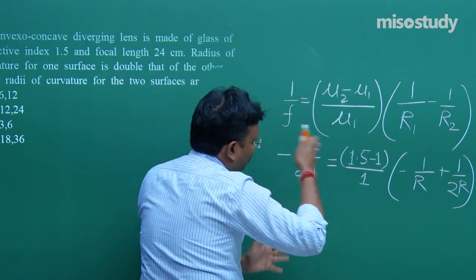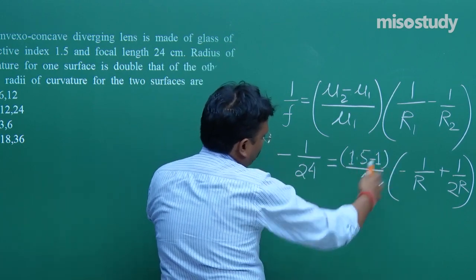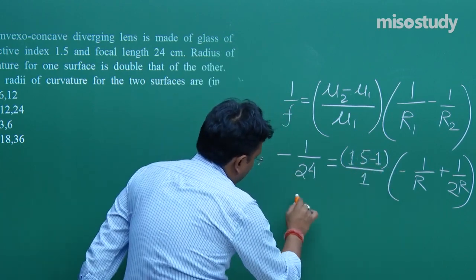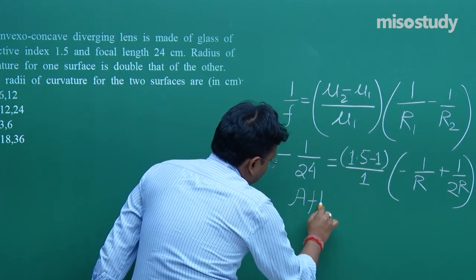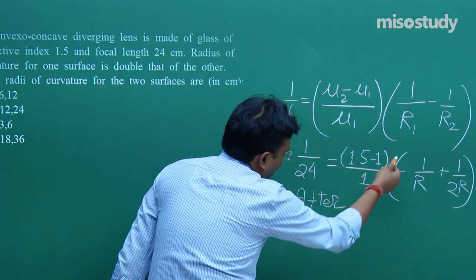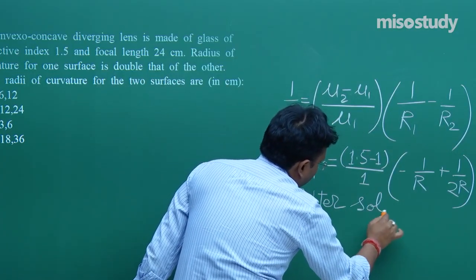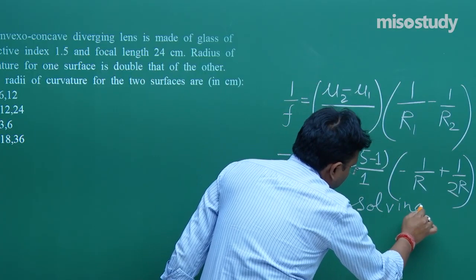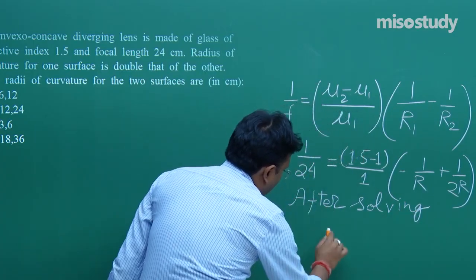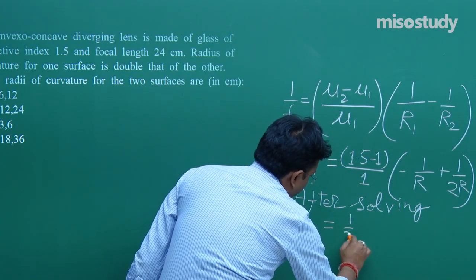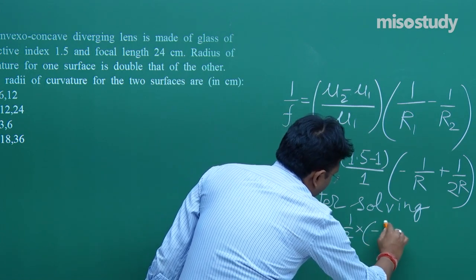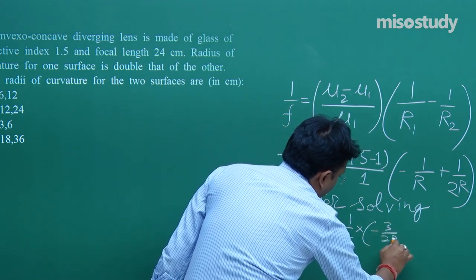Rather than devoting time to solving this, after the trivial solution, you will get it as 1 by 2 into minus 3 by 2r.